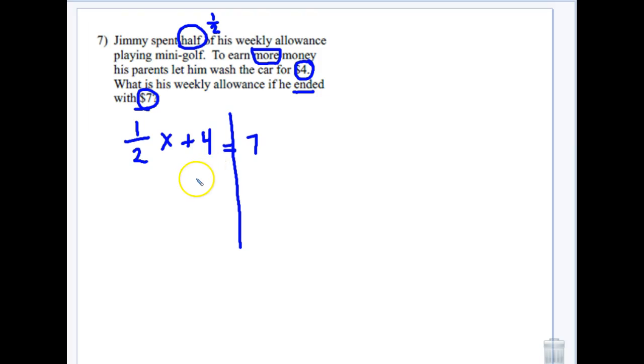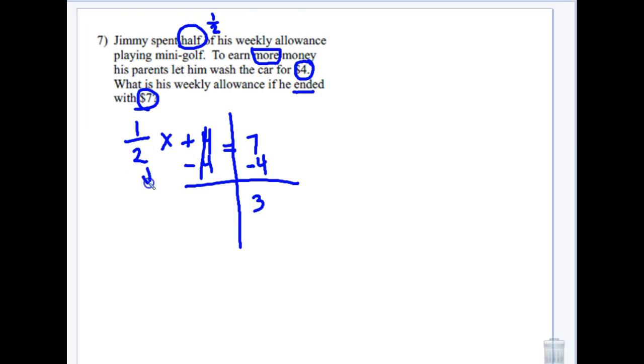So how do I move this 4? How do I do that? I'm going to add the opposite, right? Okay. Now what? 7 minus 4. What about this now?